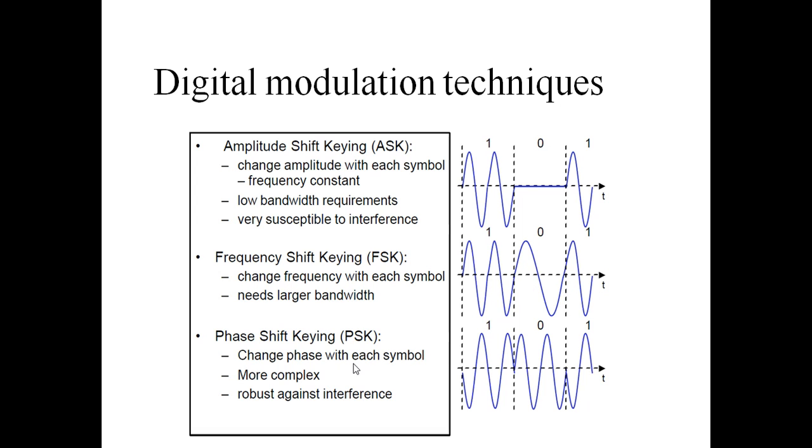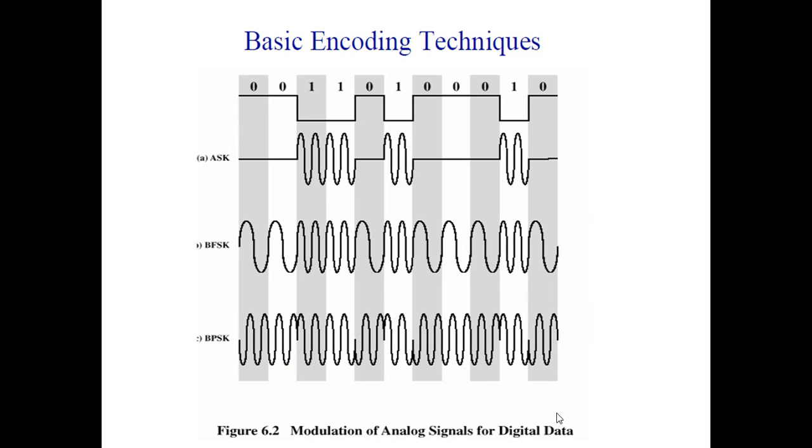In phase shift keying, the phase changes with each symbol. It is more complex and robust against interference. When 1 is transmitted and then 0 comes, the phase is changed, and when 1 comes again, the phase is changed again. In the common diagram, for amplitude shift keying, 0 means no data, and for 1 the sinusoidal carrier is transmitted.